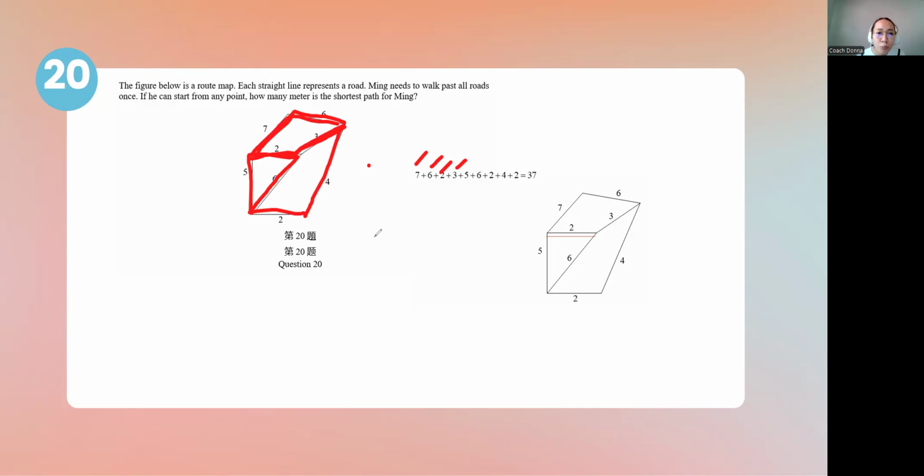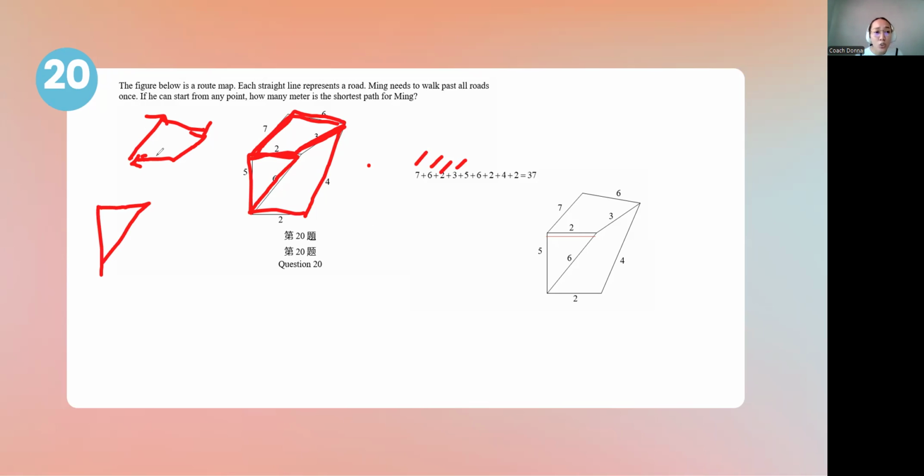So again, the 7, the 6, the 3, the 2, and then this one, and then this one.